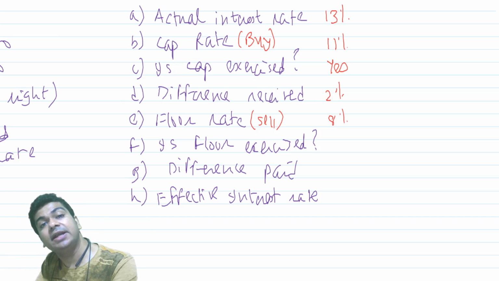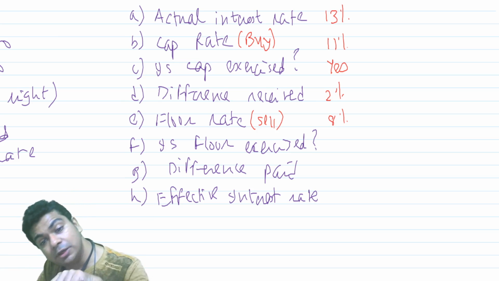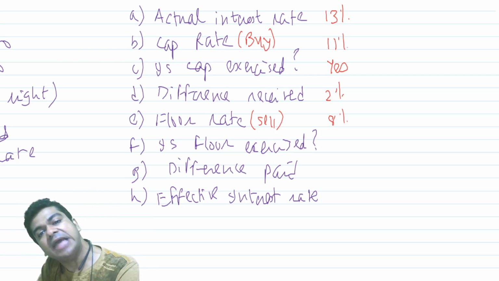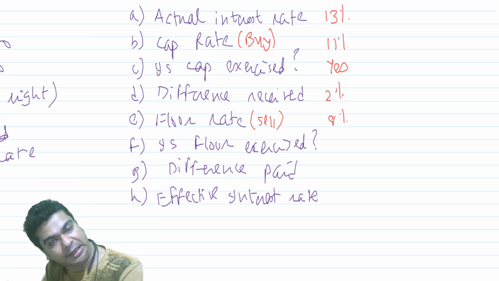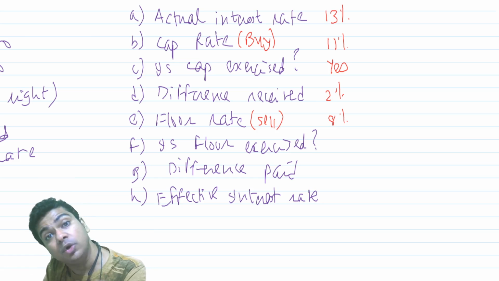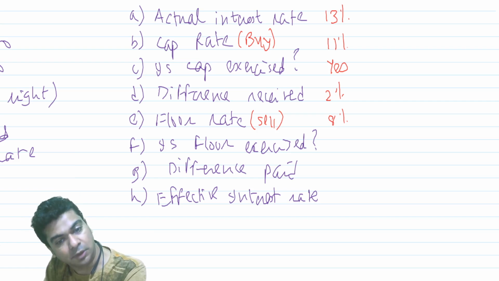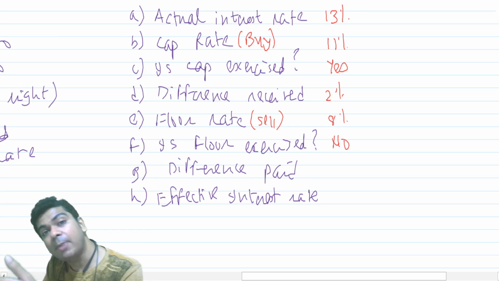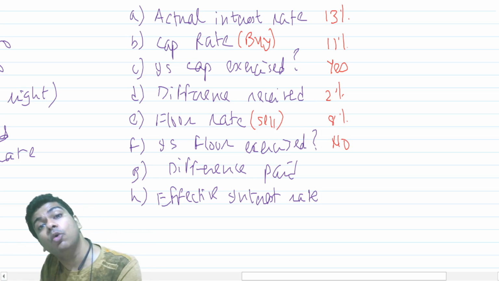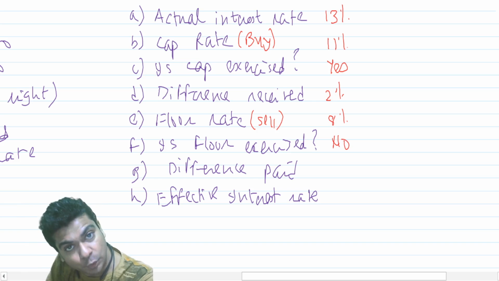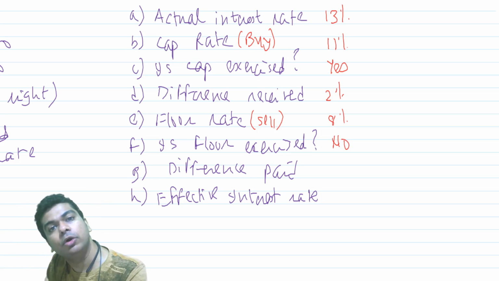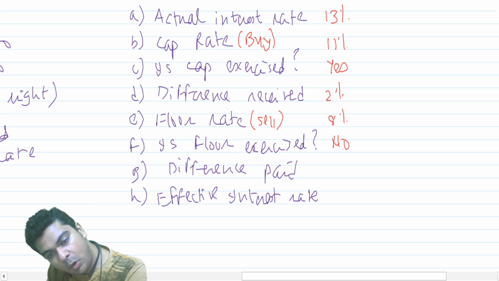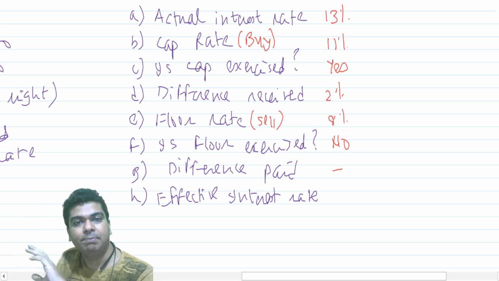Will you lend money at 13% and earn money, or will you lend money at 8% and earn interest? Obviously, I will like to earn interest at a higher rate. So I will like to deposit money at 13%. So is the floor exercised? The answer is no. The person who has purchased the floor from you will allow the floor to expire. So no difference is required to be paid.